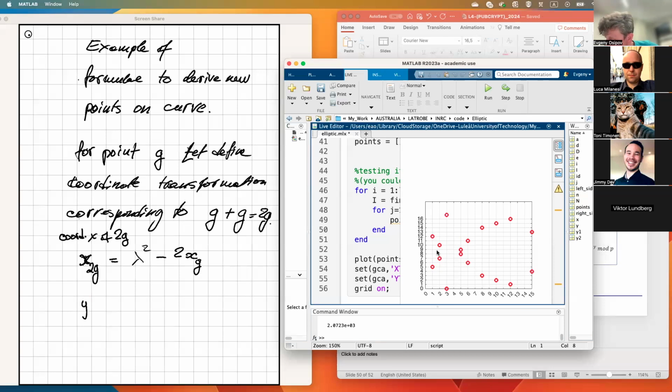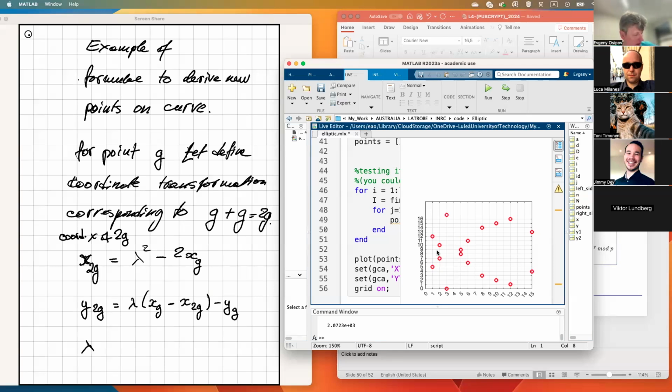And the y coordinate of 2G point would be, again, lambda times (x of G minus x of 2G), so that one we have just computed, minus y of the original point.